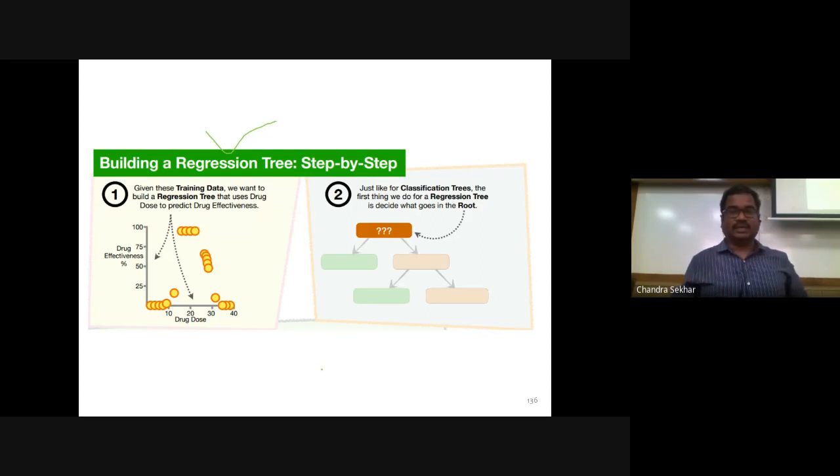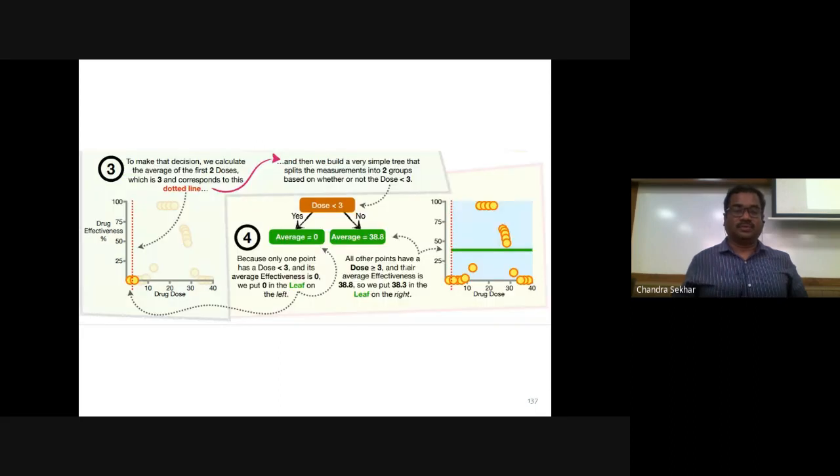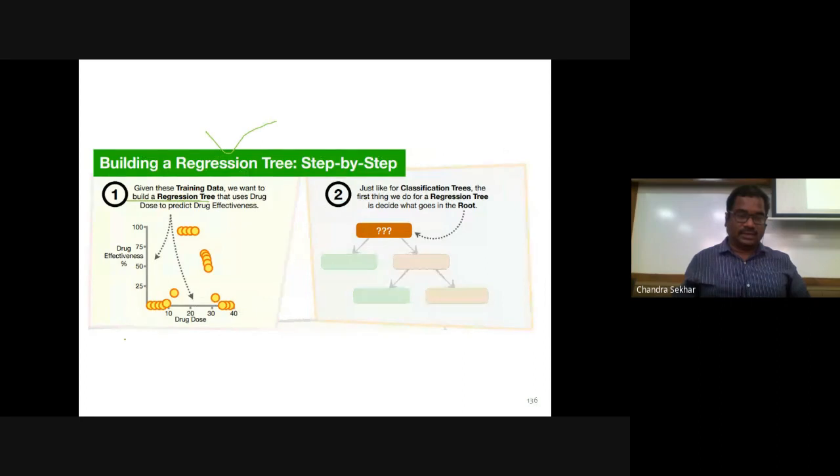In a regression tree, what we do is the same: we have to build from the root and check. Say we have data, say drug dose, whatever it may be, we have some set of values plotted here, and we have some set of values on the y axis.